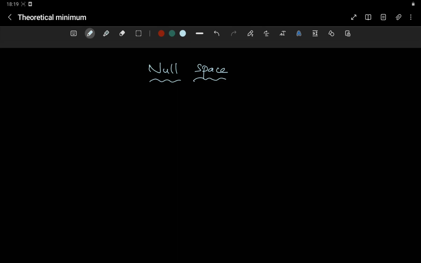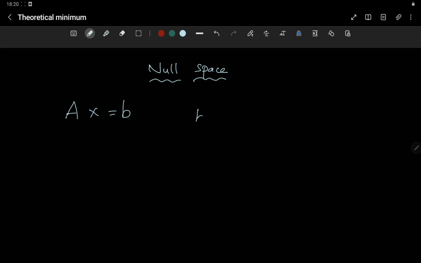The null space is like a vector space of a matrix. We call it a null space if it satisfies the following properties. Let's say you have, once again, Ax = b.